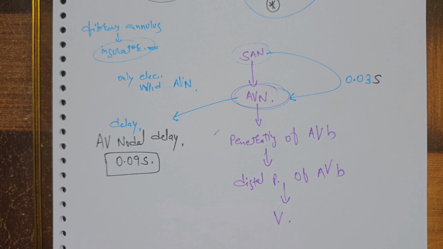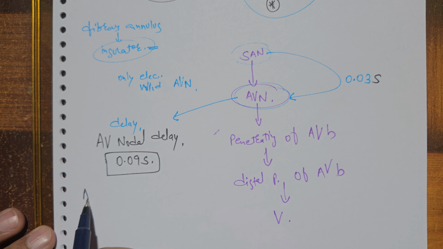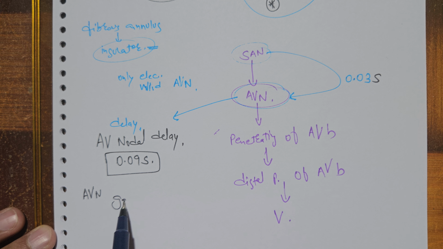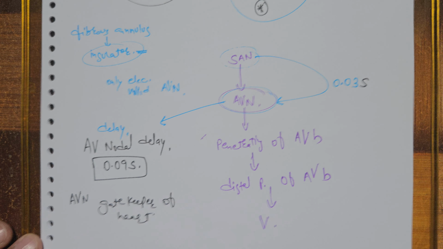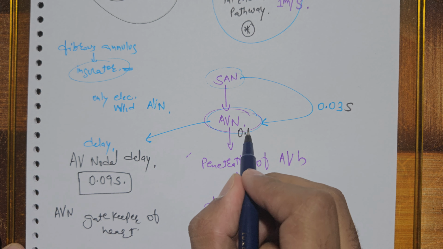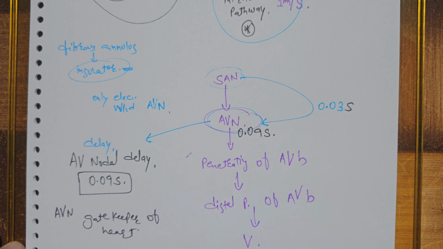It is important for proper ventricular relaxation when the atria are contracting, and that's why the AV node is called the gatekeeper of the heart. Is that clear? So in the AV node, there is a delay of 0.09 seconds. Now the impulses from the AV node go to the penetrating portion of the AV bundle.